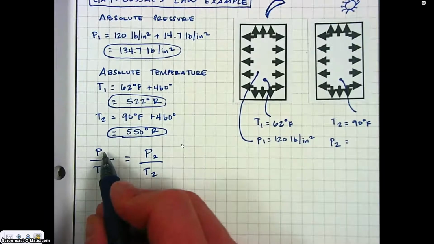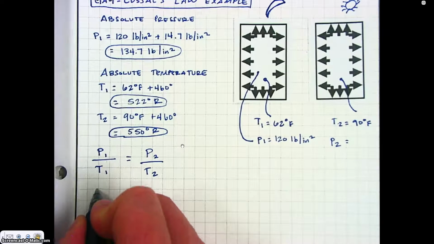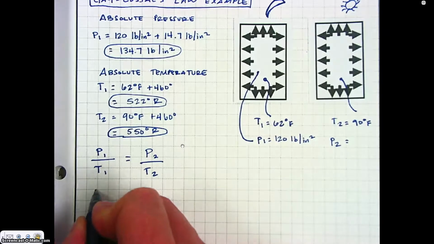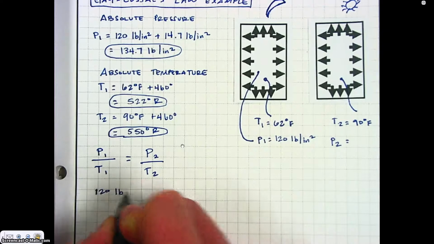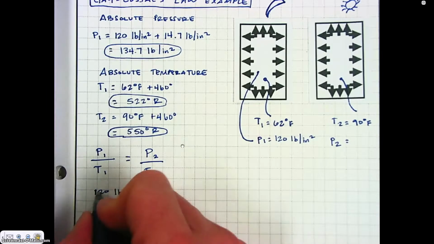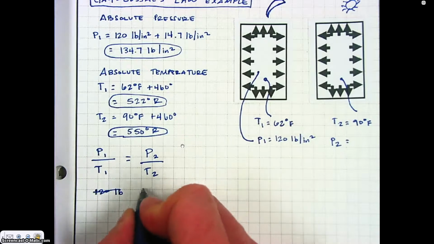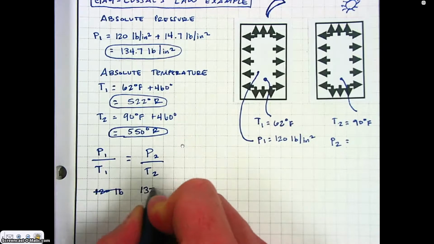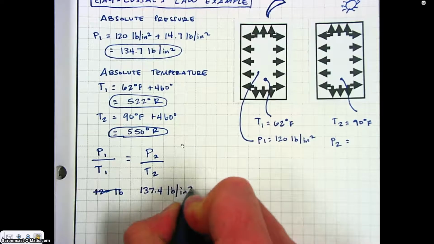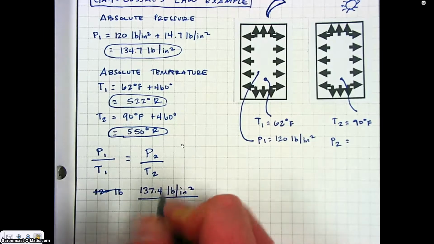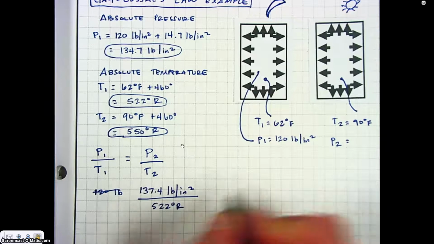The pressure of 1 was 120. So let's go ahead and we can fill in this stuff. 120 pound, or excuse me, 137.4. So we need absolute pressure. 137.4 pounds per inch squared divided by the temperature of 1, the absolute temperature, was 522 degrees Rankine.